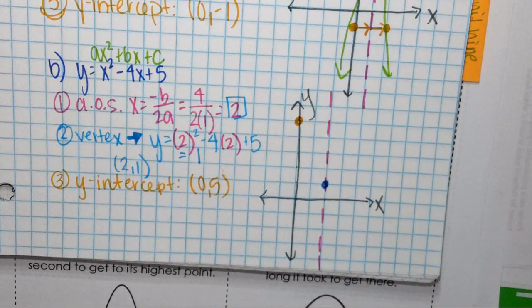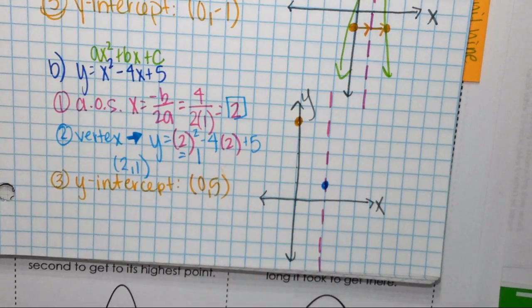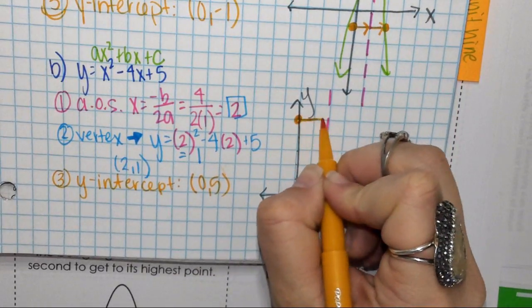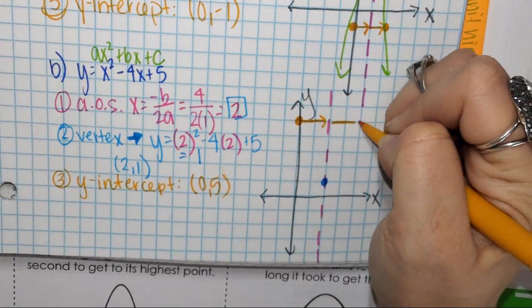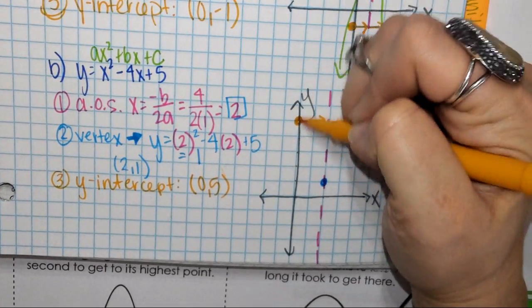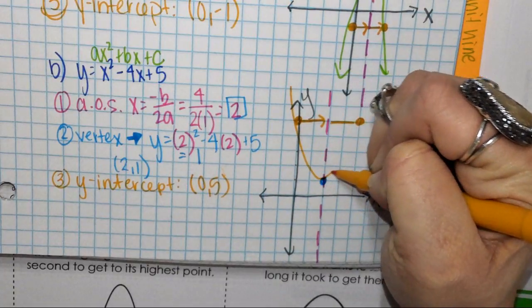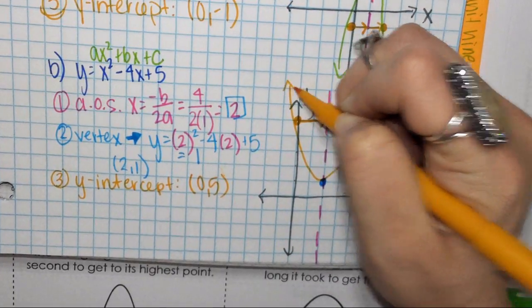Now, am I going to flip that blue dot or my yellow dot? The yellow. Flip the yellow. That's why we color code it. And if it's 2 units away here, how many units do I need to go to the right this time? 2. Did it open up like we wanted it to?